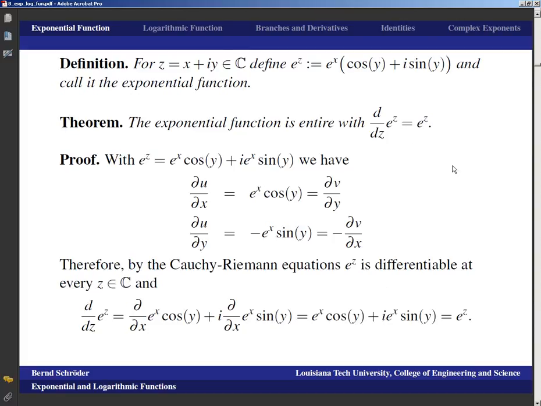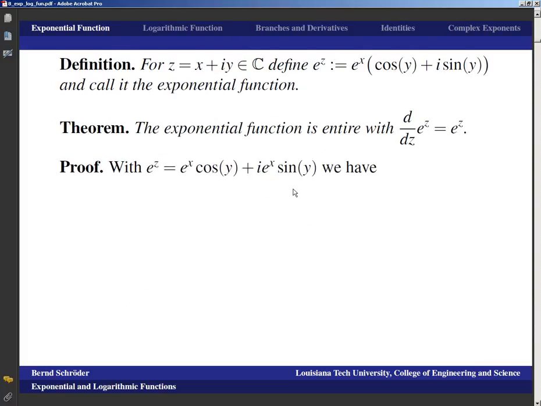Look at the real part and the imaginary part of the complex exponential function, and we verify the Cauchy-Riemann equations. Well, du/dx, that would be the derivative of e to the x cosine y with respect to x. That's e to the x cosine y. And that is the derivative of v with respect to y, because the derivative of e to the x sine y with respect to y is e to the x cosine y.